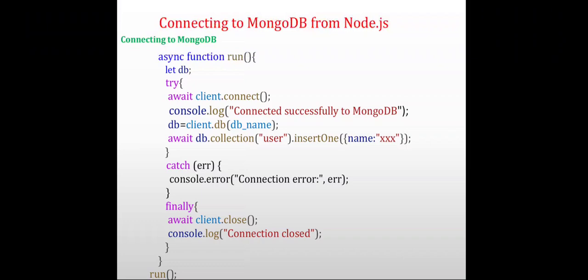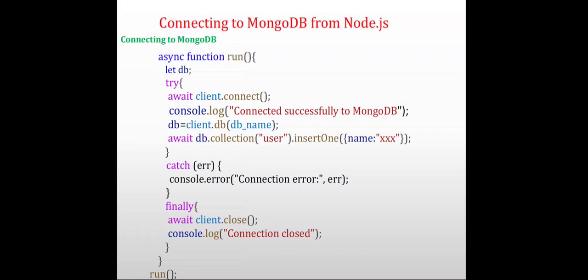Whether the operation succeeds or fails, the finally block will always get executed. Inside this block, we close the database connection by calling client.close. Closing the connection is considered a good programming practice because it releases system resources and prevents unnecessary open connections to the database.